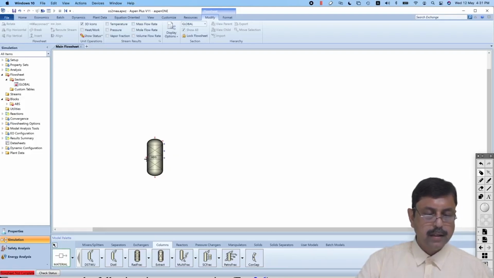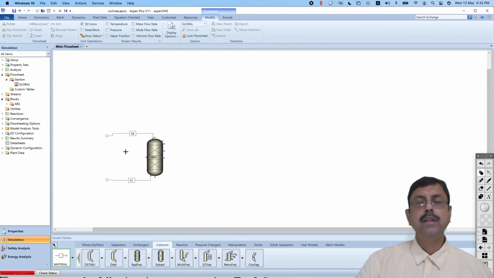This is the flue gas in. This is lean amine in. Lean amine means the amine without any CO2 in it. Fresh amine, in other words.